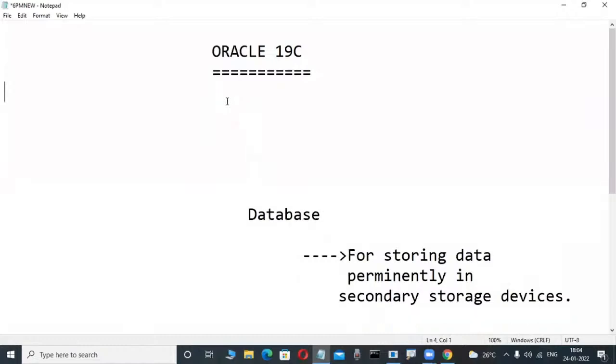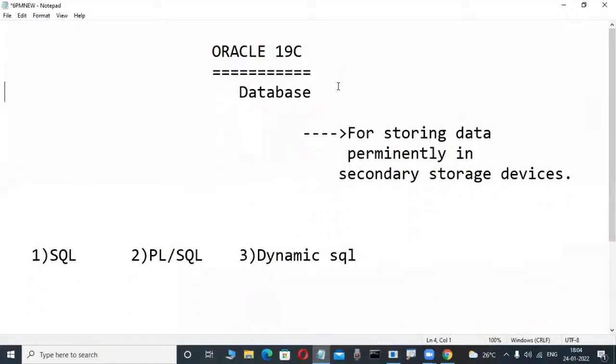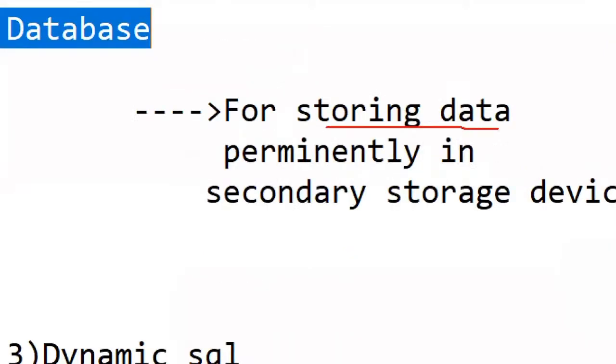Either Oracle, SQL Server, or DB2, so many products are there. The purpose of these database products is storing data permanently in a hard disk, in secondary storage devices, but not only permanently storing the data, but also retrieving the data efficiently.